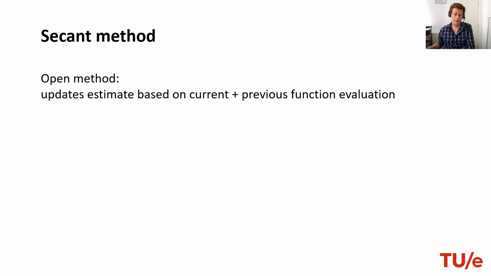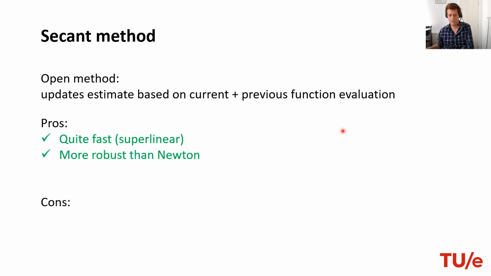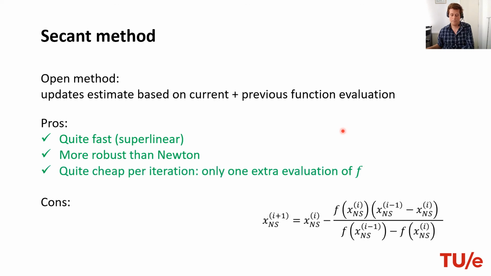Wrapping up on the secant method, it's an open method which does updates based on the current function evaluation in the current iteration as well as the previous one, as this allows us to calculate the slope of this secant line. Different pros and cons. It's quite fast. It's faster than bisection, so it has superlinear convergence, and it's much more robust than Newton's method.